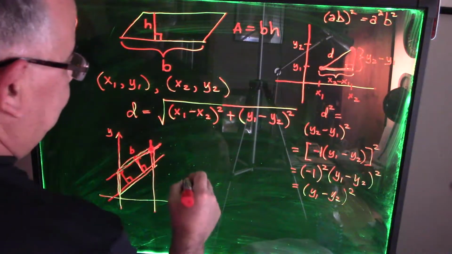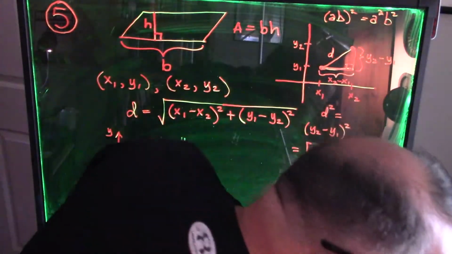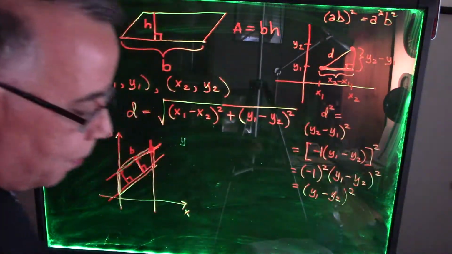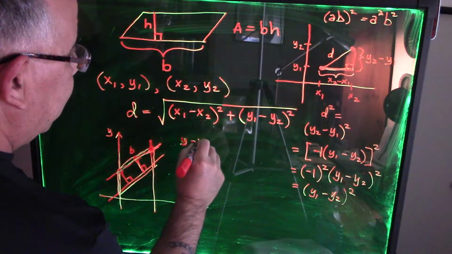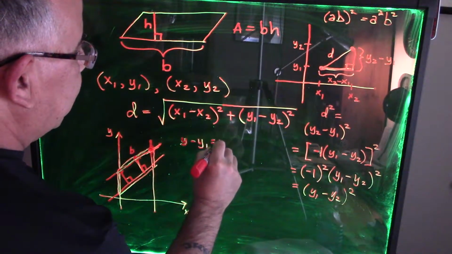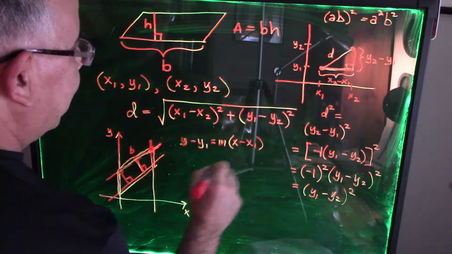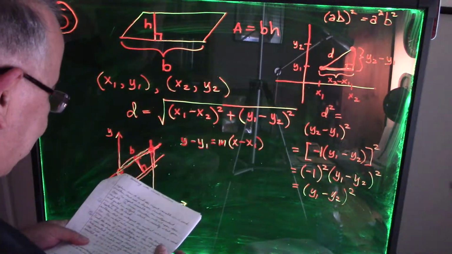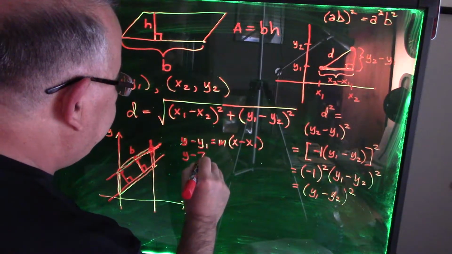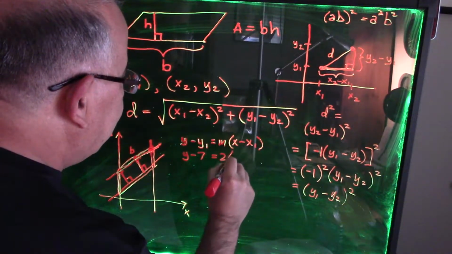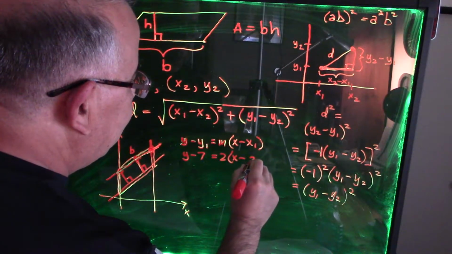So we can use the point slope equation, y minus y1 equals m times the quantity x minus x1. The point is 2, 7, so we've got y minus 7 equals 2 times the quantity x minus 2.